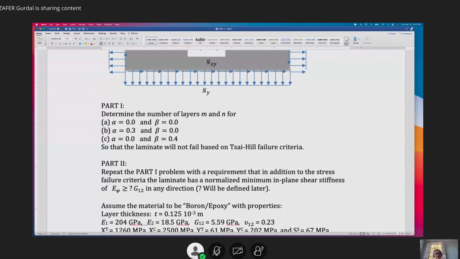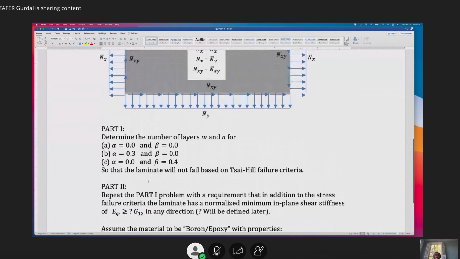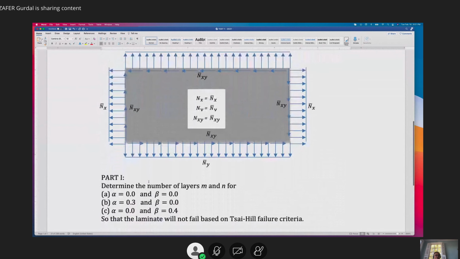The material properties given are for boron epoxy with a layer thickness of 0.125 times 10 to the minus 3 meters. These are the moduli of the individual layers. And these are the strength properties of the material, all in megapascals and gigapascals. So this is pretty much it.